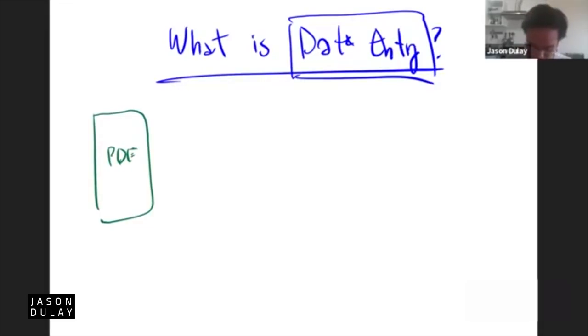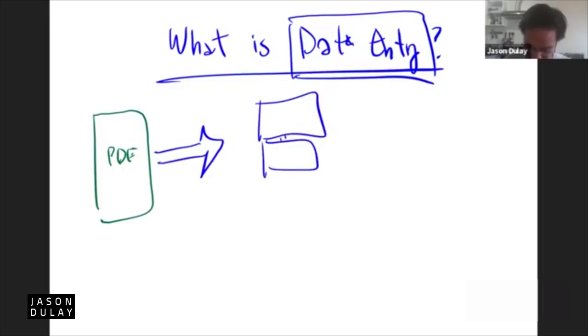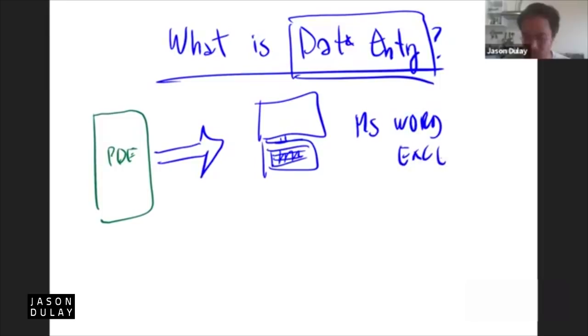What they want you to do with this PDF document is input it on the computer into something like Microsoft Word or Microsoft Excel, or Google Sheets. If we're doing free software, Google Docs or Google Sheets. So that's essentially what you do in data entry work.